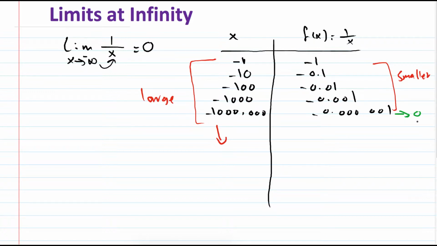My f of x gets closer and closer to 0. So in both directions, whether positive or negative infinity, the limit of 1 over x as x approaches positive or negative infinity equals 0. This is very helpful for us, and you'll see how useful this is when we solve problems of limits at infinity. So basically, that is what limits at infinity means.